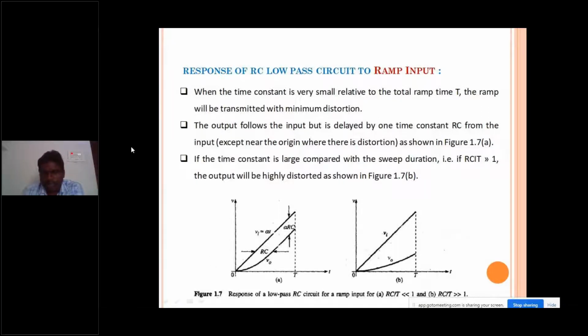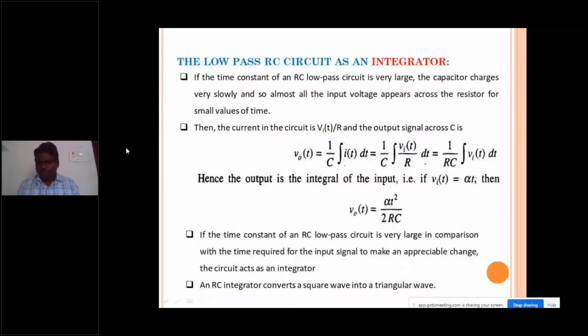These are the different non-sinusoidal signals that we apply to a low pass circuit, and we obtain the output shapes for them. So remember the shapes, how we get different shapes in the output if I apply non-sinusoidal signals.